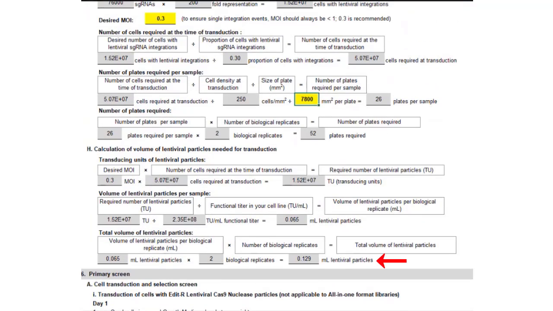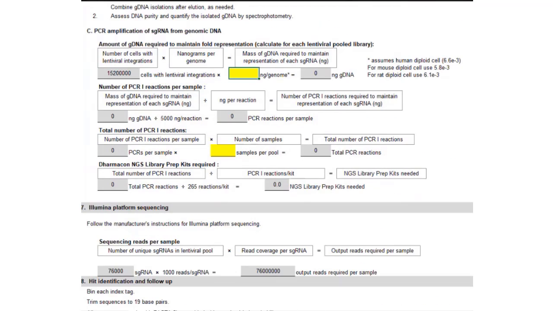Before proceeding with the lentiviral sgRNA pooled library screen, confirm that you have sufficient lentiviral particles to perform the screen at the desired fold coverage given the relative transduction efficiency of your cell line and the number of biological replicates you wish to perform. Now we are on to the primary screen in section 6 of the tracking worksheet.